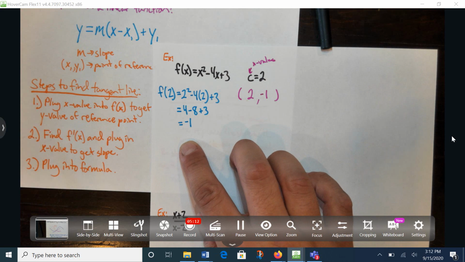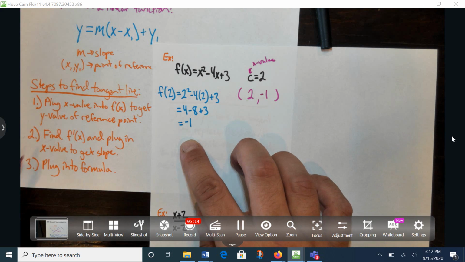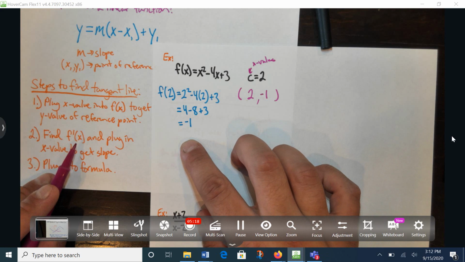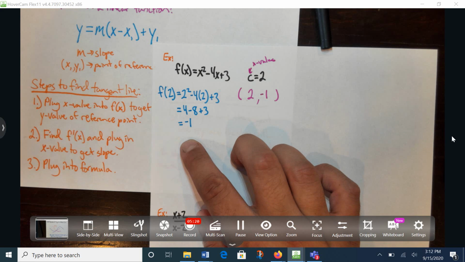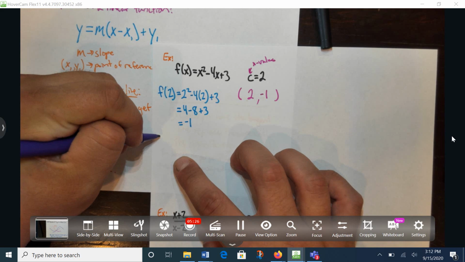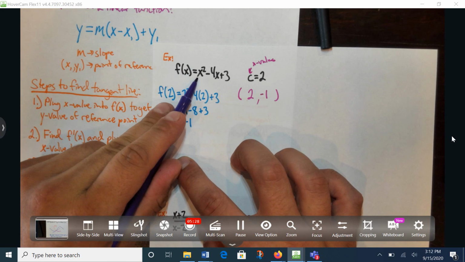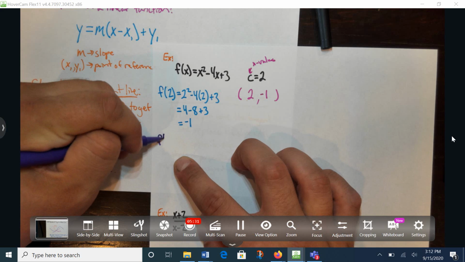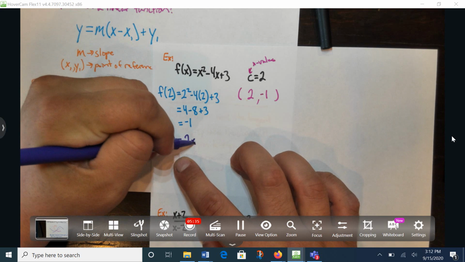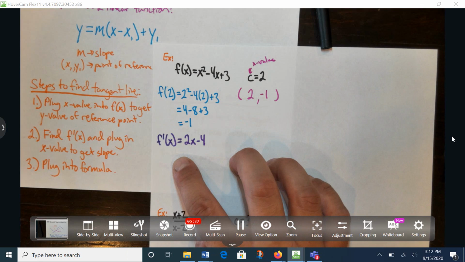Okay, now that we have a reference point, we need to find our slope, and that's step 2. To find our slope, we're going to take the derivative of f of x, plug in the x value, and simplify to get the slope that way. So if f of x is this, f prime of x is going to be 2x minus 4.